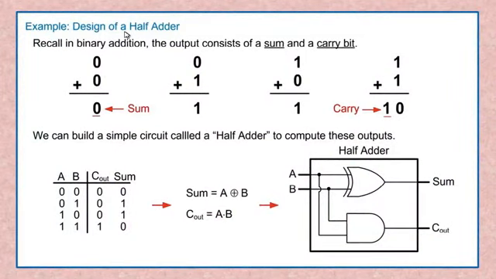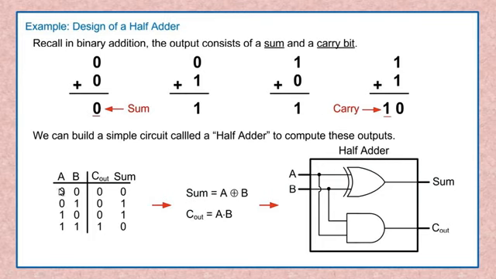Therefore, design of a half adder. Recall, in a binary addition, the output consists of a sum and a carry bit. As there are two input variables, four possible combinations are there. Here you can see four cases are written to explain.